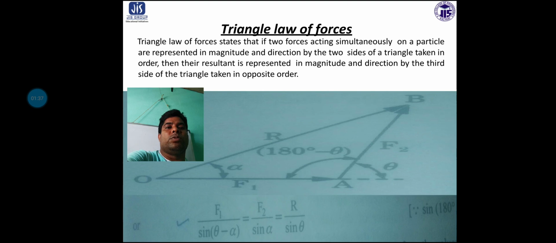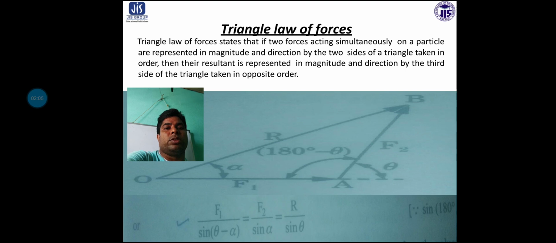Now if you see the two forces acting, that is F1 and F2, and you get the shape of a triangle, the third side will be the OB side, and that is the triangle law of forces.